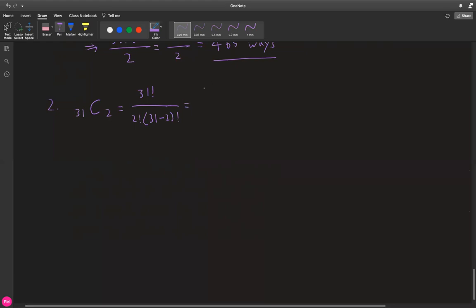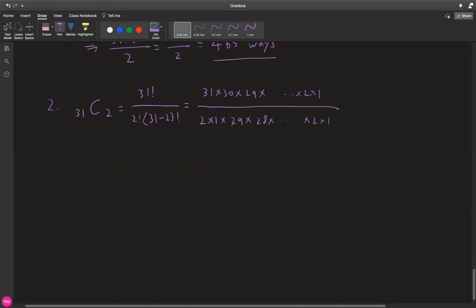This is 31 multiplied by 30 multiplied by 29 all the way down to 1, divided by 2 factorial, which is 2 multiplied by 1, and multiplied by 29 factorial, which is 29 multiplied by 28 all the way down to 1.